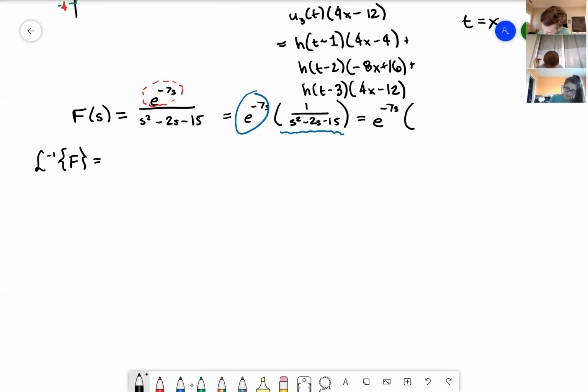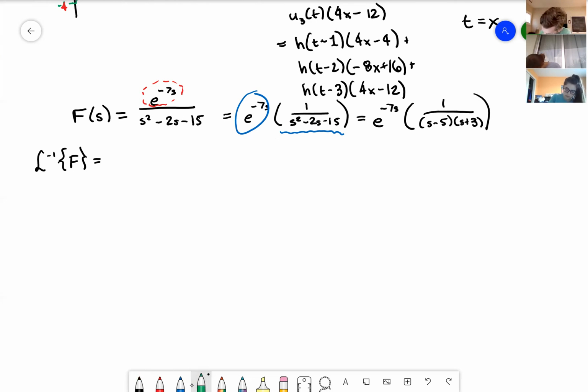So this is 1 over, oh, it does it? Okay, yeah. s minus 5, s plus 3. So now I need to do my partial fraction decomposition.